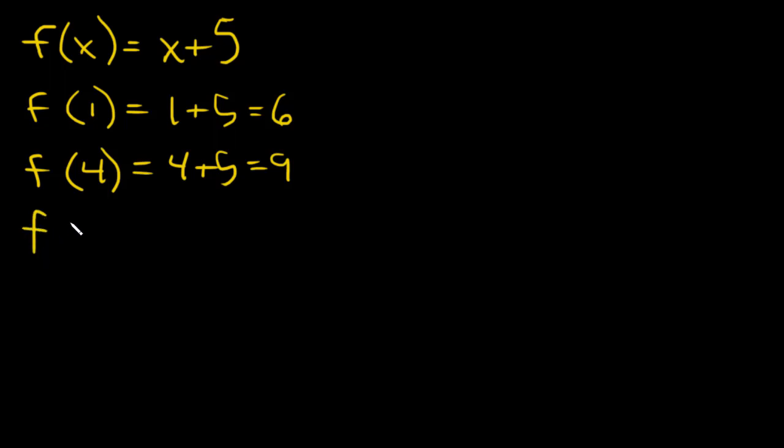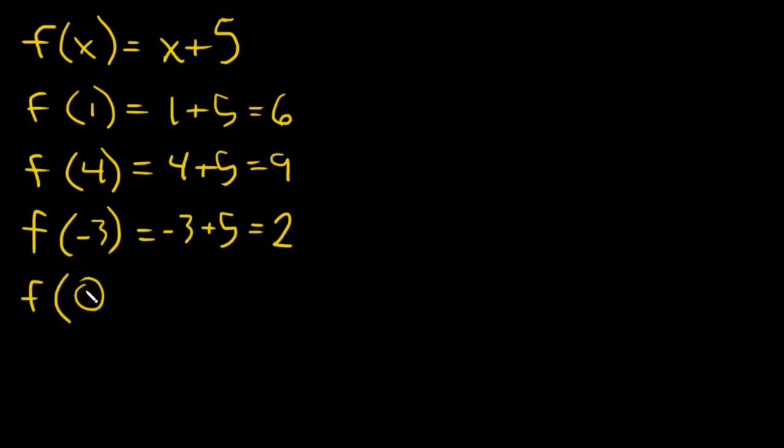What about f of negative 3? Well, again, f of x is x plus 5, so f of negative 3 is negative 3 plus 5, which is going to give me positive 2. Now, what about f of smiley face? What would that give me?